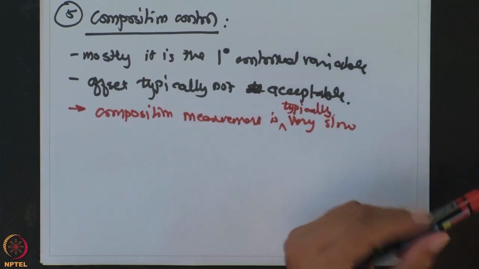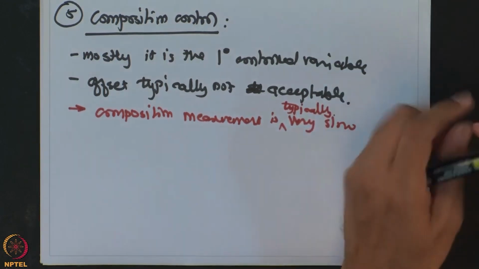And if we go back to our stability analysis lecture, you will see that the moment you have some sort of a measurement delay, it is going to severely restrict the amount of controller gain which you can put into that system, and it eventually results in a very slow or poor performance of the controller. So because of that, even though composition is a primary controlled variable, you will rarely see composition controlled as a PID controller.